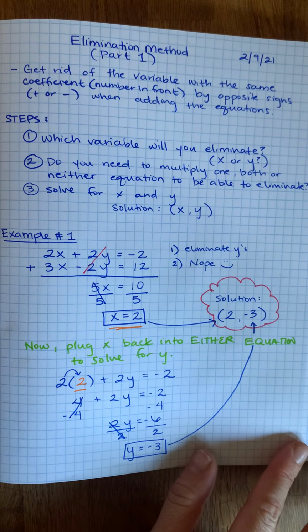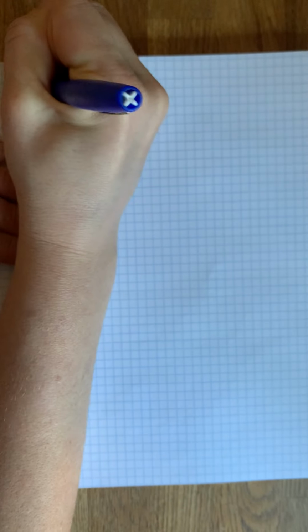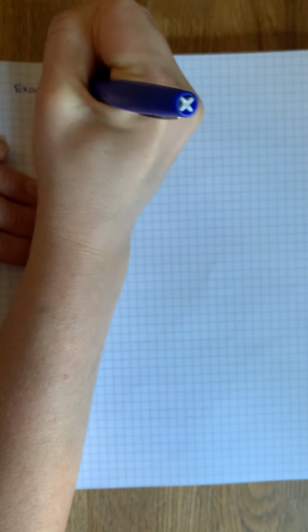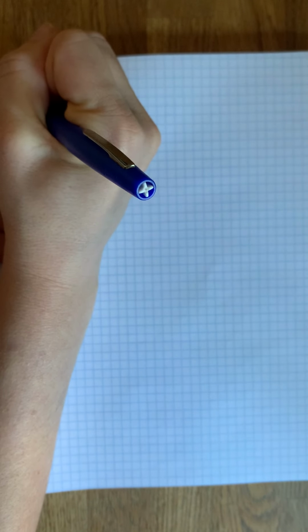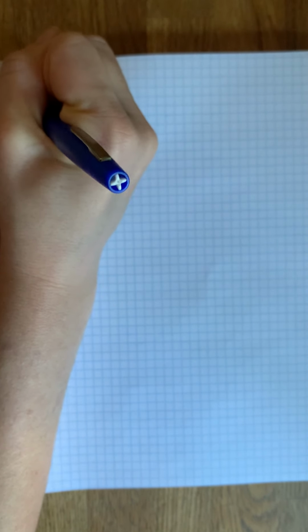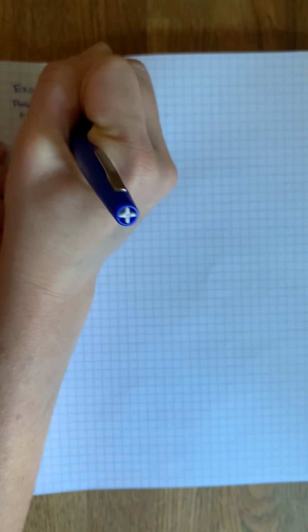So I'm going to flip the page. You can always pause the video to finish taking those notes, or rewind if you need to see it again. So let's do example number 2. And again, these are problems from your homework. So actually you are given this is number 3 on CW number 3.